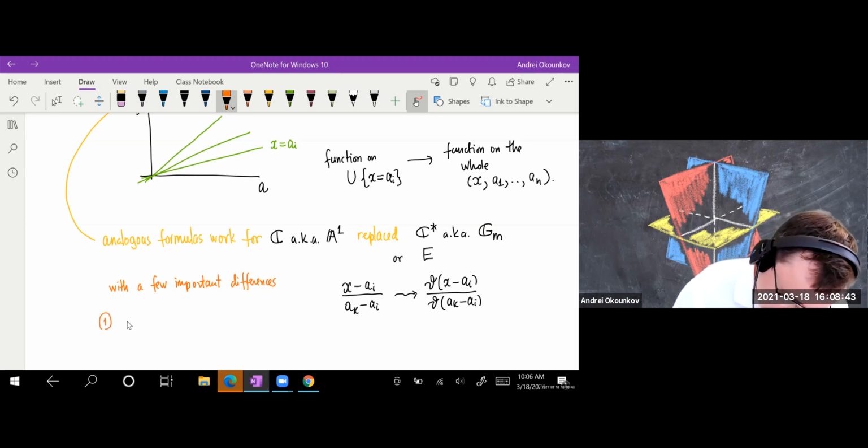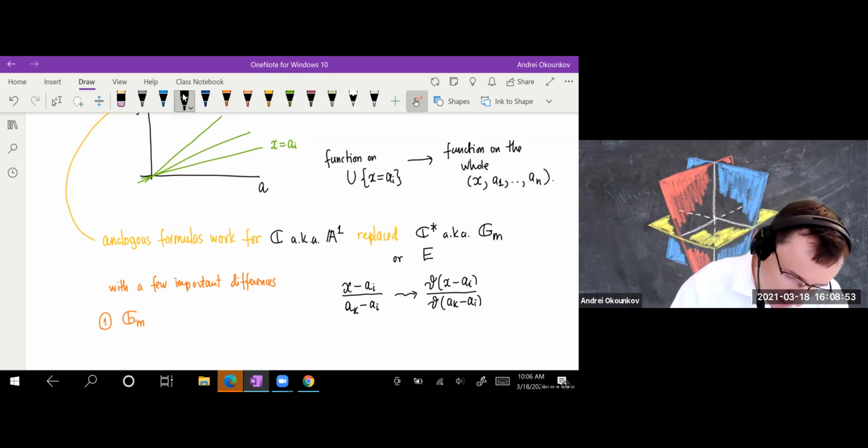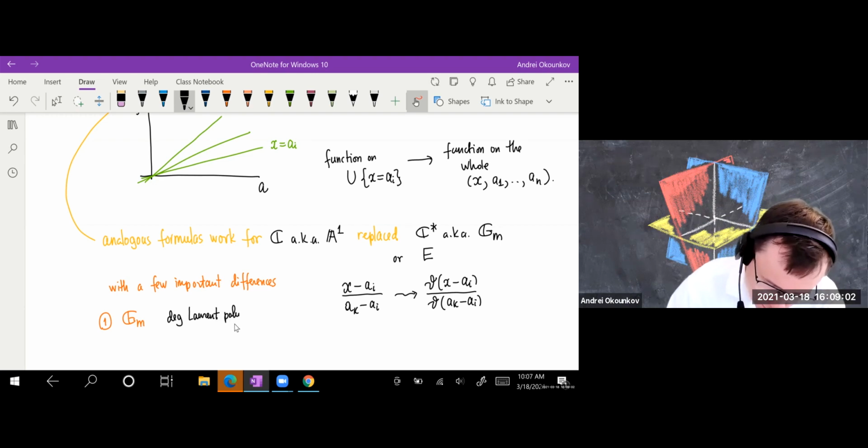So in the case of Gm, we're looking for an interpolation polynomial of minimal degree, but the degree of a Laurent polynomial is its Newton polygon.